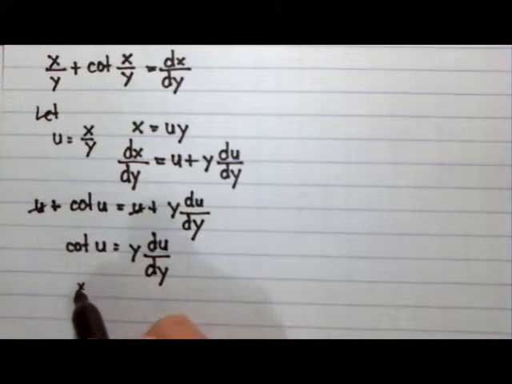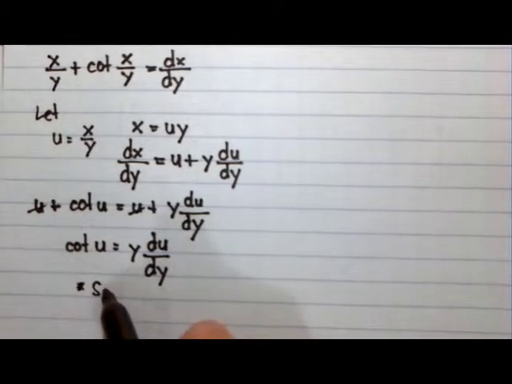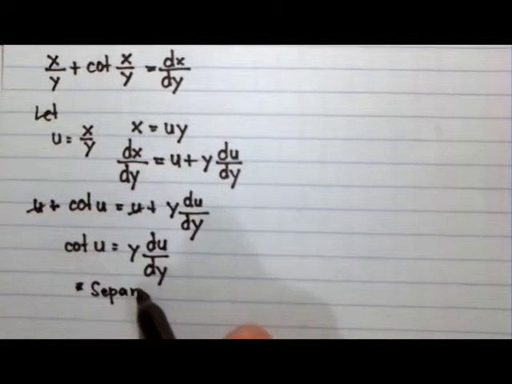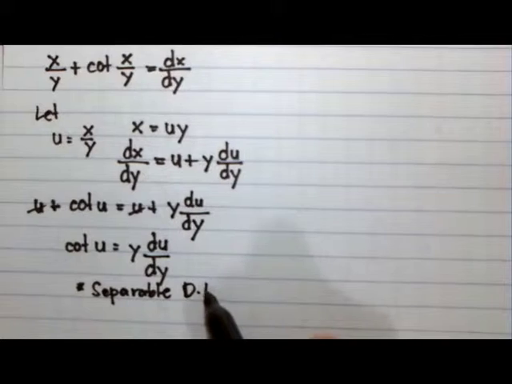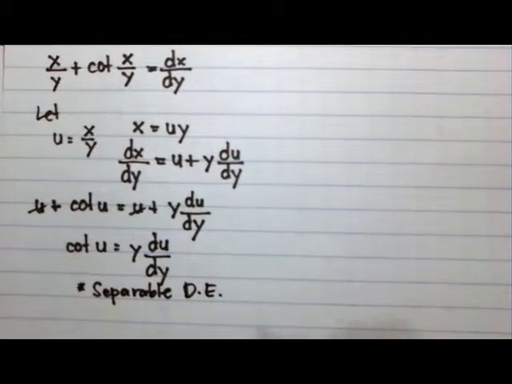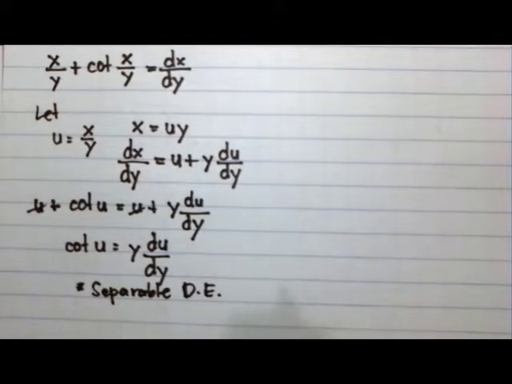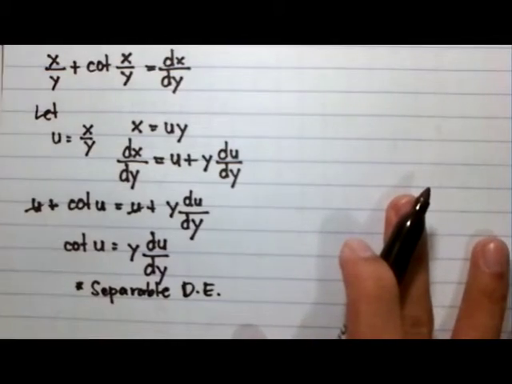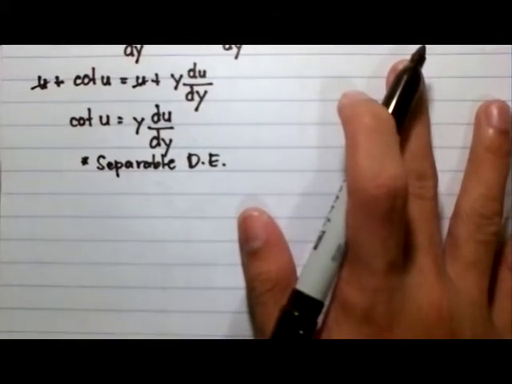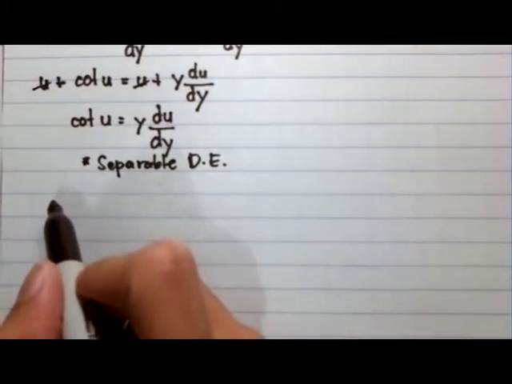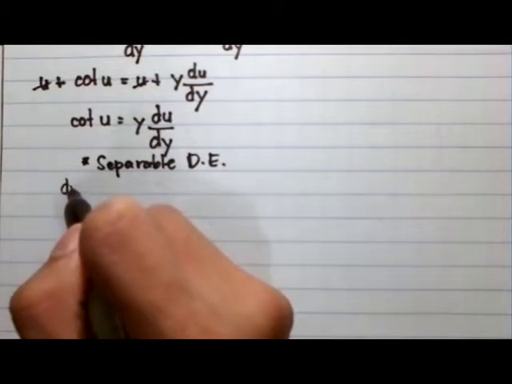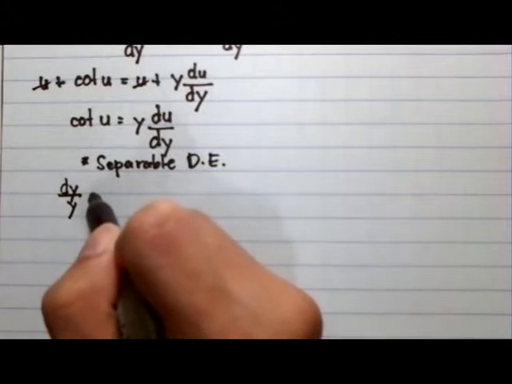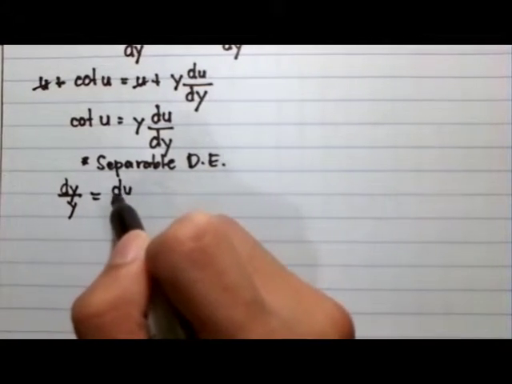And we now have a separable differential equation. So I want to put the dy on the left side and also put all the u's on the same side. And we get dy over y equals du over cotangent u, which is tangent u du.